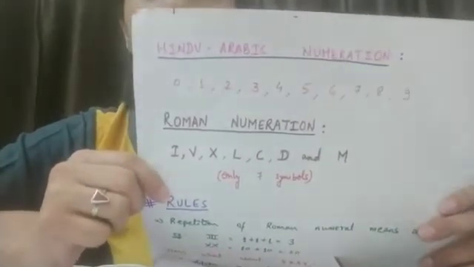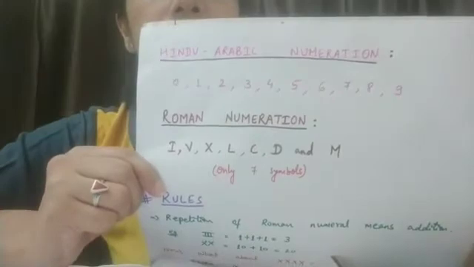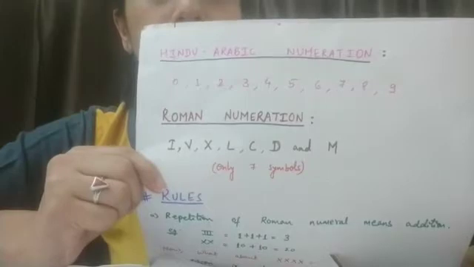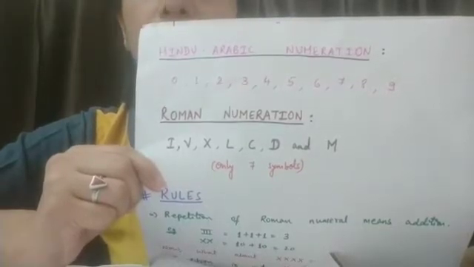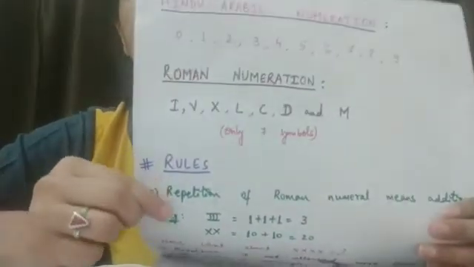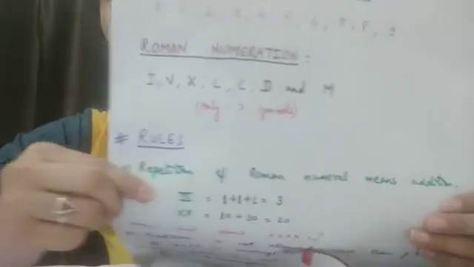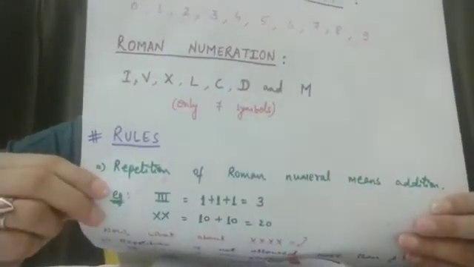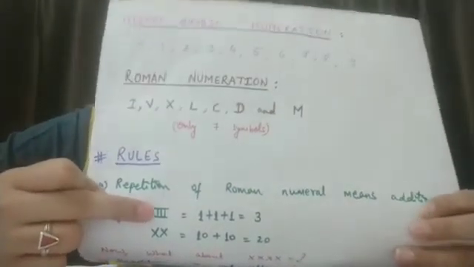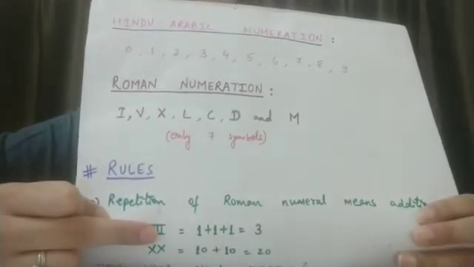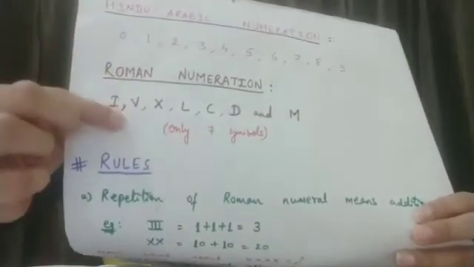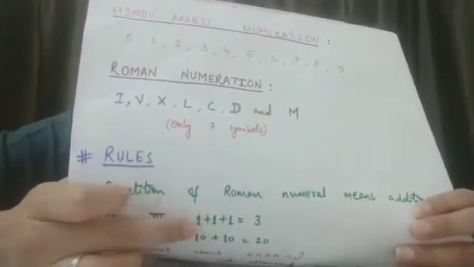Starting with the rules, firstly the basic rule for Roman numerals is that there is no zero and no place values, and only repetition of symbols is there. So starting with the first rule: repetition of Roman numerals means addition. For example, if we take III, each I means 1.